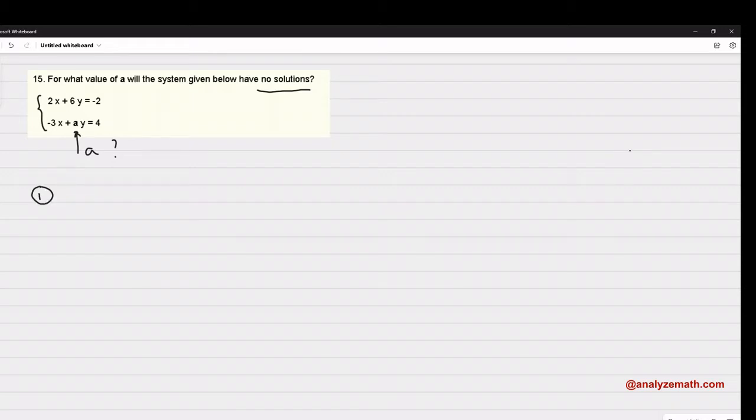question by different methods. The first one is to solve and find the solutions in terms of a and see what happens. Good. Now we solve this by elimination.